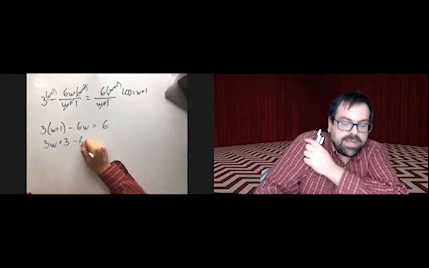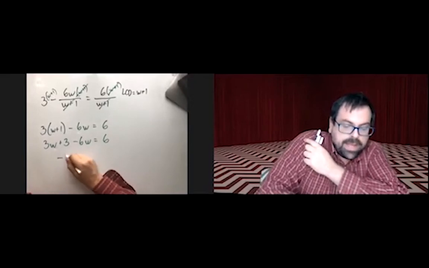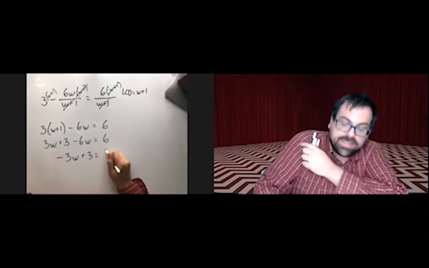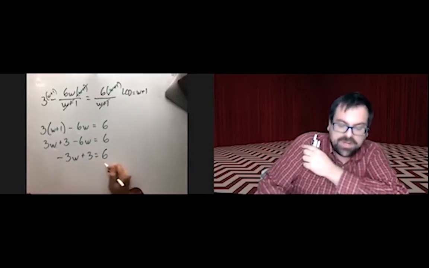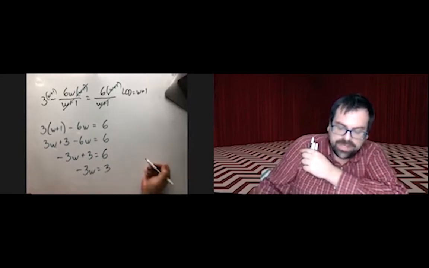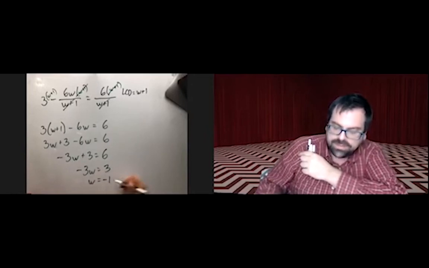3w plus 3 minus 6w equals 6. Negative 3w plus 3 equals 6. Subtract 3 from both sides. Negative 3w equals 3. Divide both sides by negative 3. w equals negative 1.